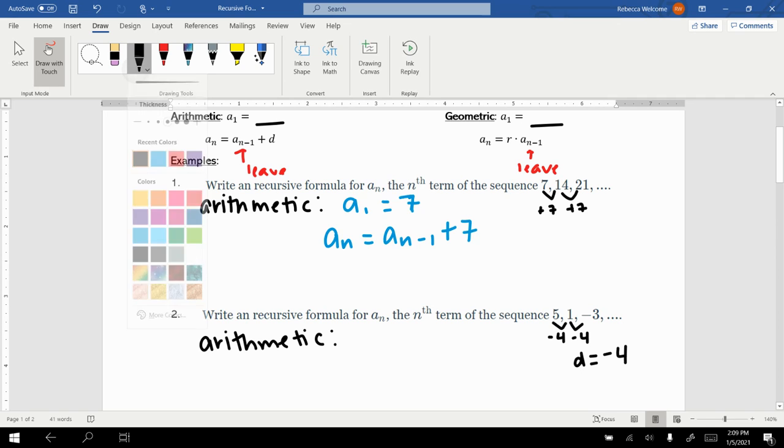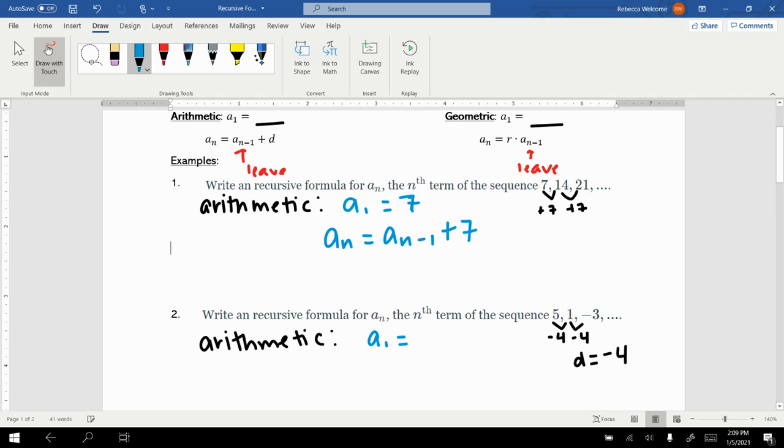So my formula now, a sub 1 equals 5 in this case. That's my first term. And then a sub n equals a sub n minus 1 and then plus my common difference. My difference is negative here, so I'm just going to put minus 4. Okay, so I hope that makes sense.